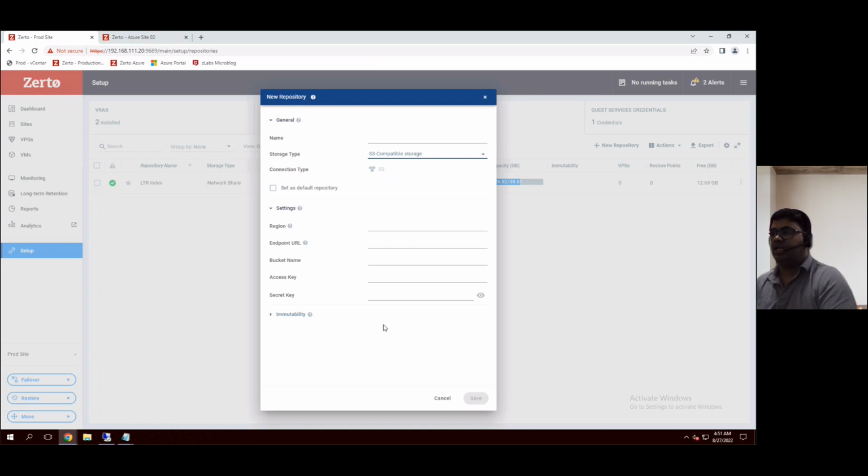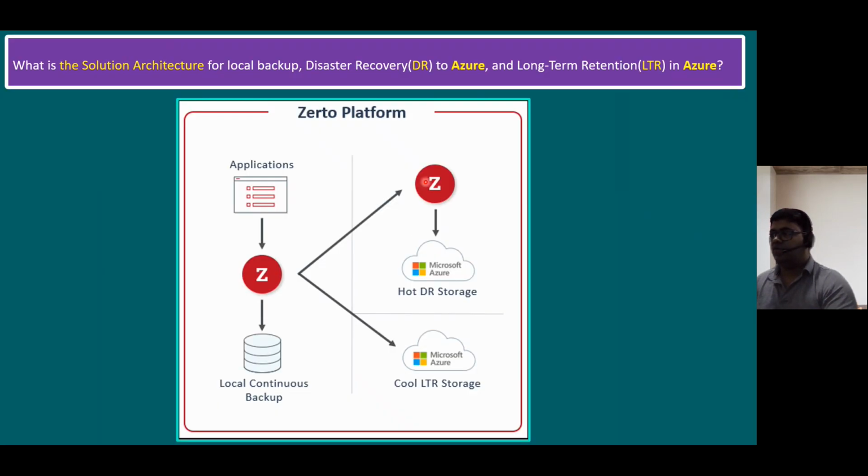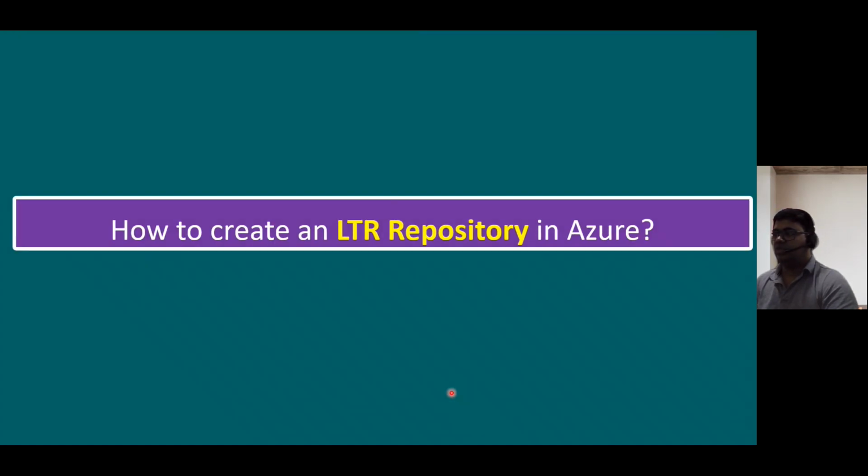Okay, let me cancel and go back to the slide. I hope we understand where to find the repository option. You can use a repository for hot DR storage for disaster recovery purposes, and a cool LTR repository for long-term retention storage purposes. I hope you understand this point.